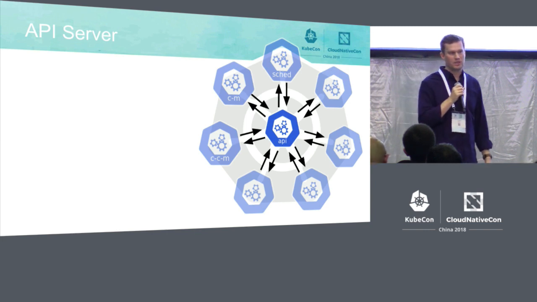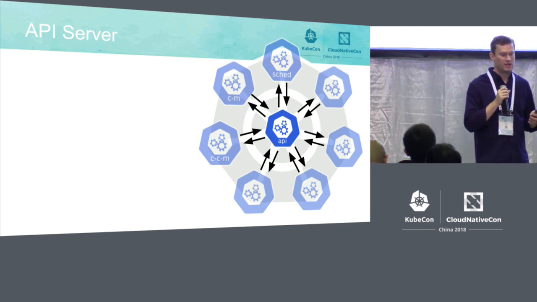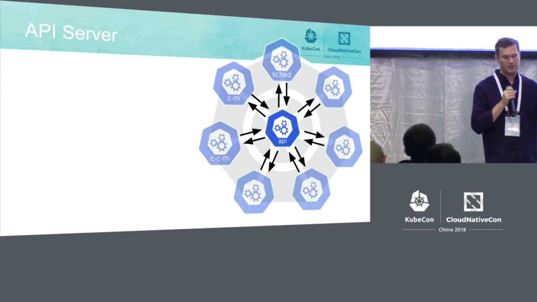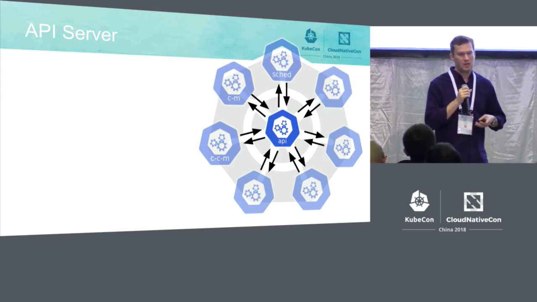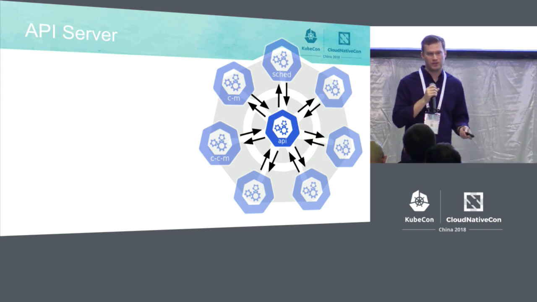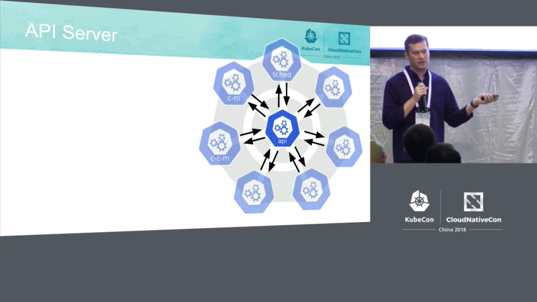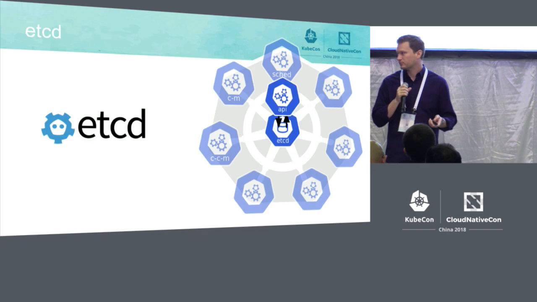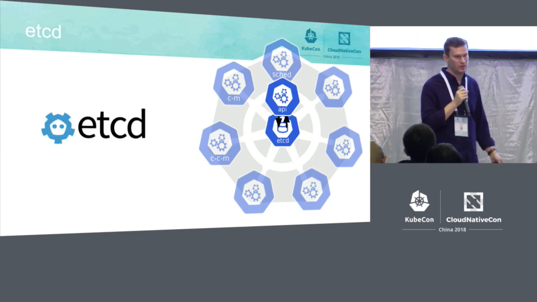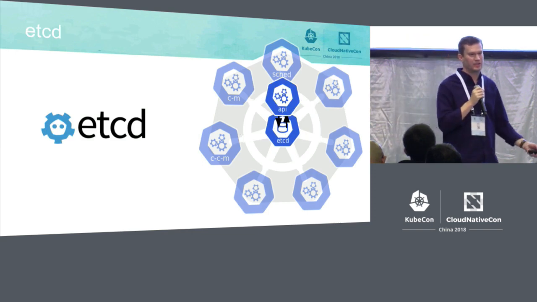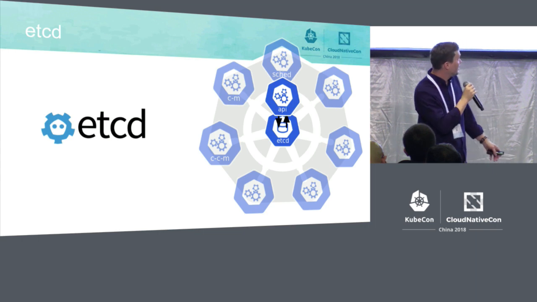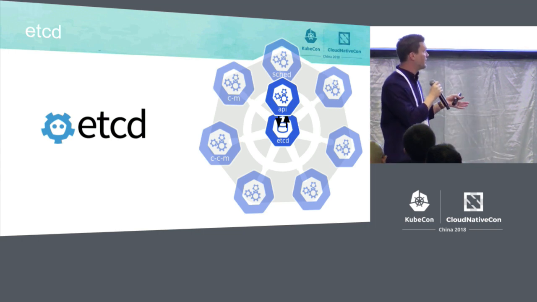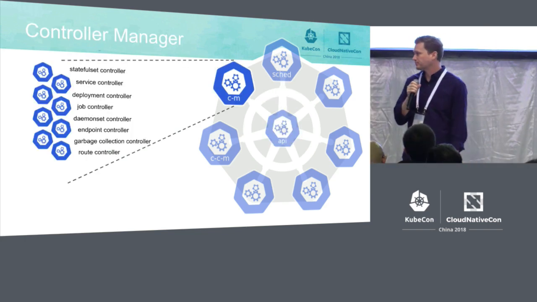That central component is called the Kube API server, and it provides a RESTful interface that the other components communicate with to determine the state of the cluster, apply their business logic, and then apply the changes they want to make to the cluster back to it. Nestled beneath the API server is a distributed key value store called etcd. There's a lot I could say about this, but for now we'll just remember that this is the persistent storage system for the control plane.